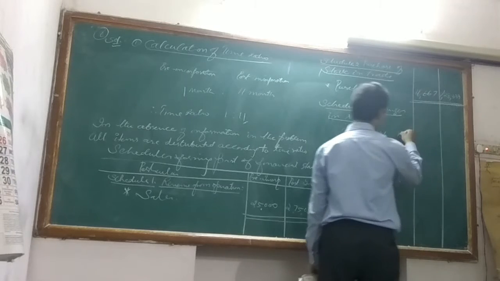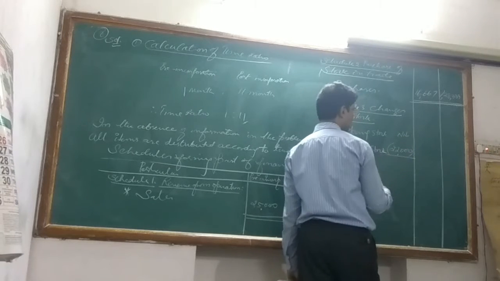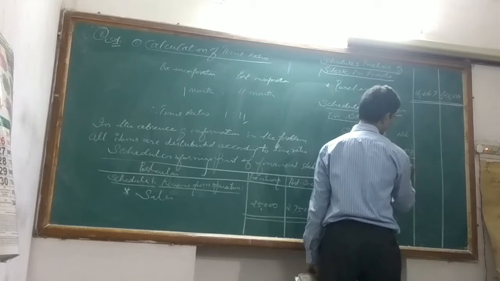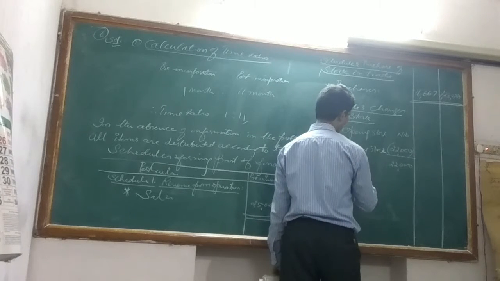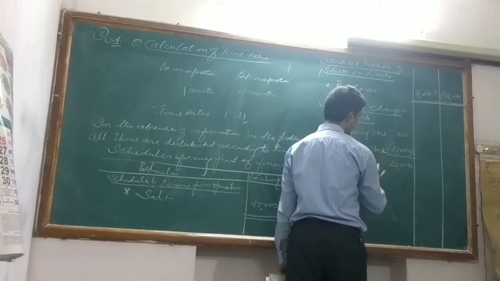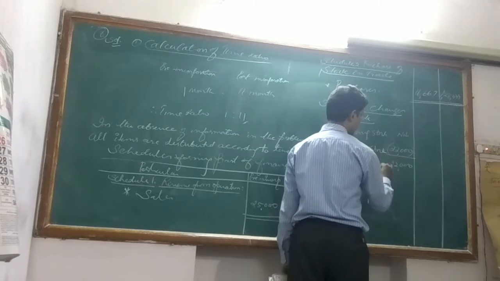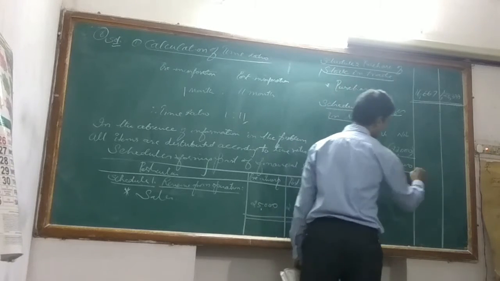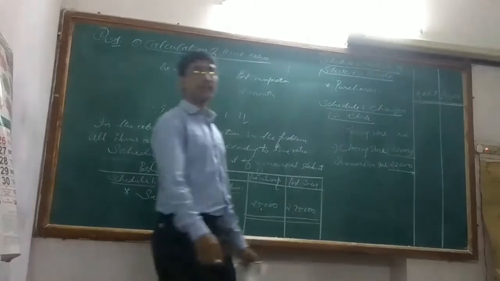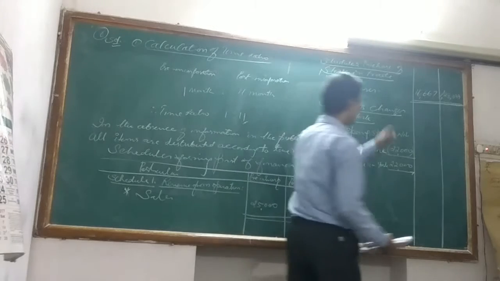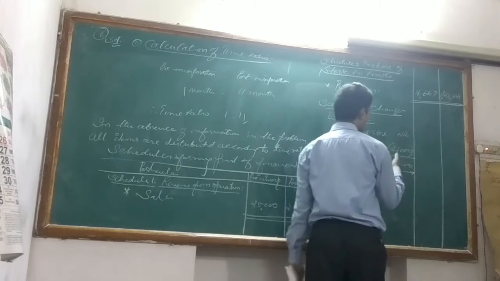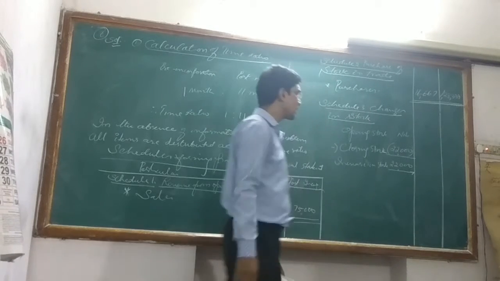So stock nil minus 22,000, you will get 22,000. What is this 22,000? This is your closing stock, increase in stock. So this increase in stock should be deducted. Nil minus 22,000 is 22,000.